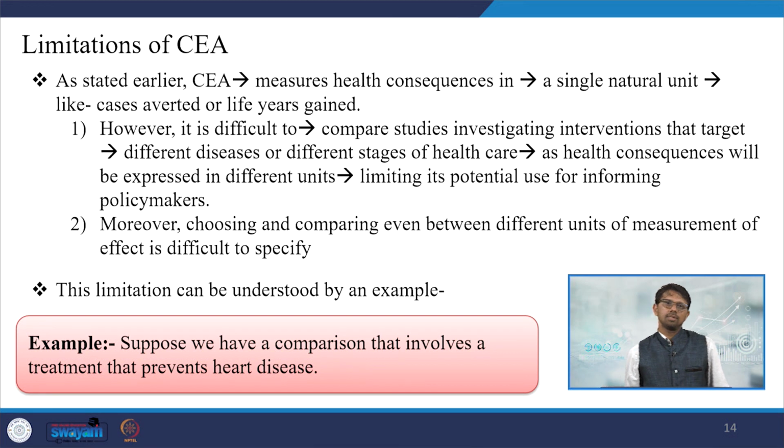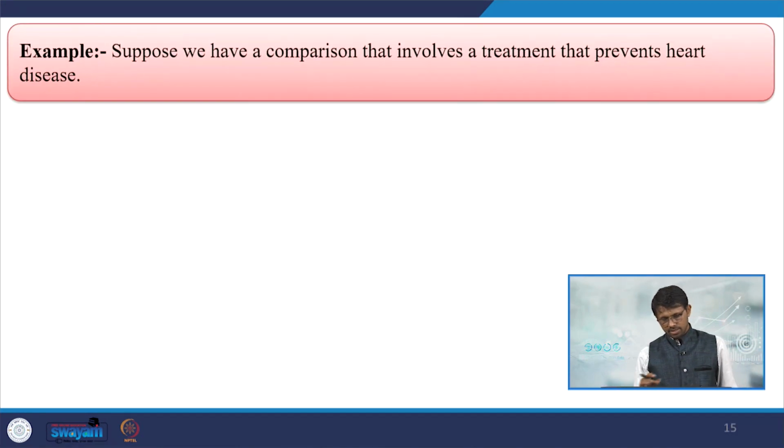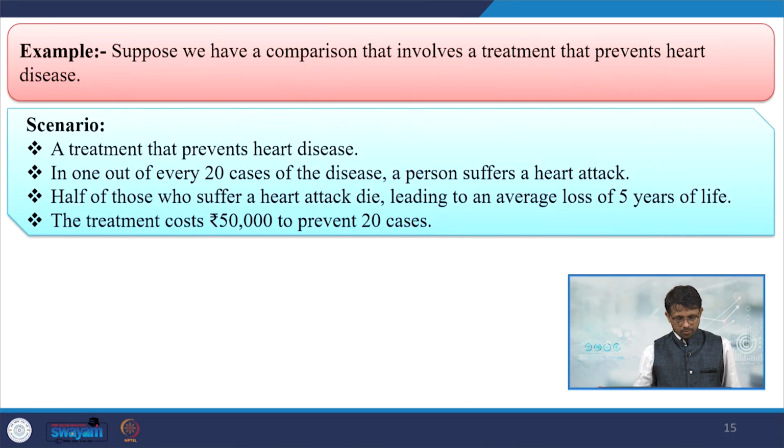This limitation can be understood by an example. Suppose we have a comparison that involves a treatment that prevents heart disease. Okay, all right, so preventing heart disease, we are presenting in detail at this moment.